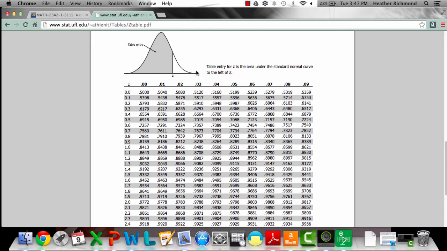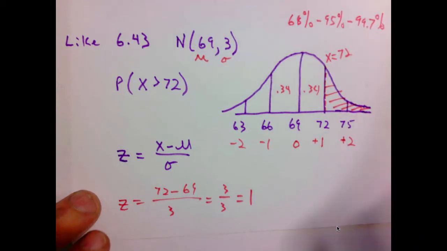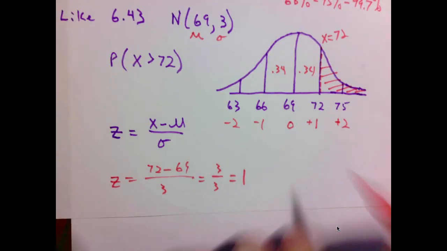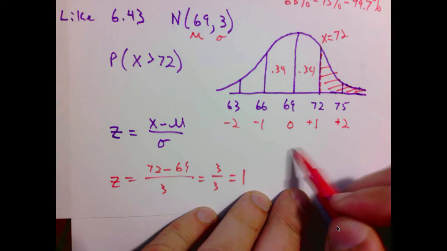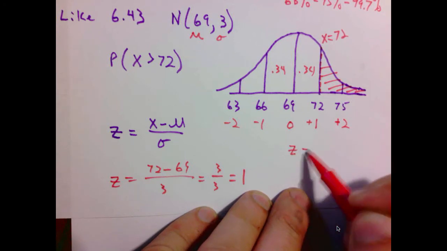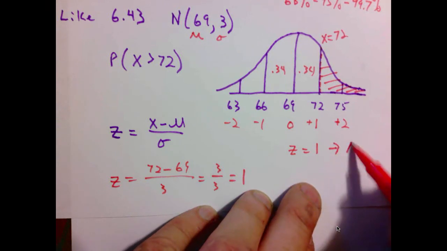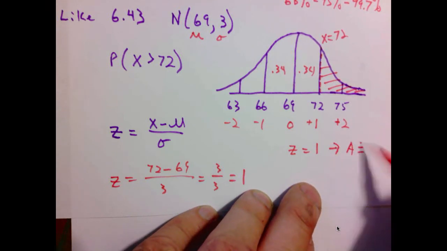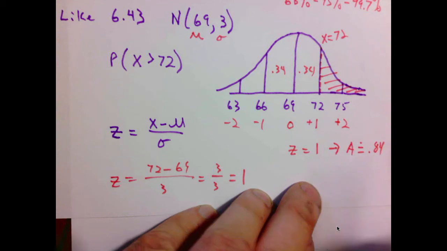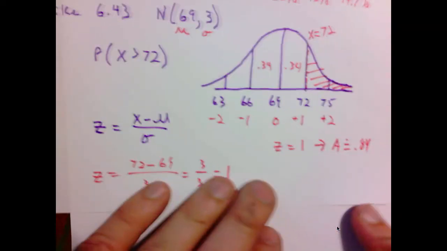So for the right of, we would do 1 minus that. Thus, a z of 1 corresponds with an area that is approximately 0.84. 84% is to the left.